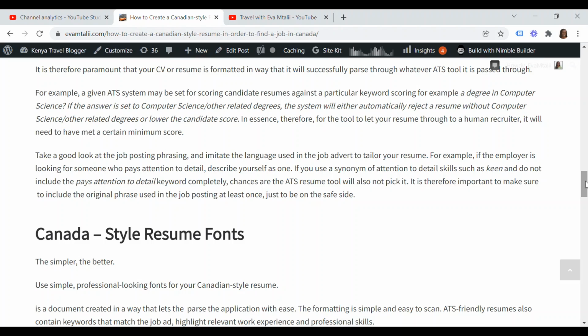So it depends on how this ATS is set. It's therefore important that the tool will allow your resume through to a human recruiter. And for that to happen, it must meet a certain minimum score, which brings me to the next point.